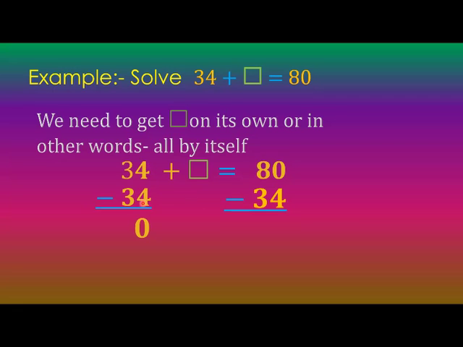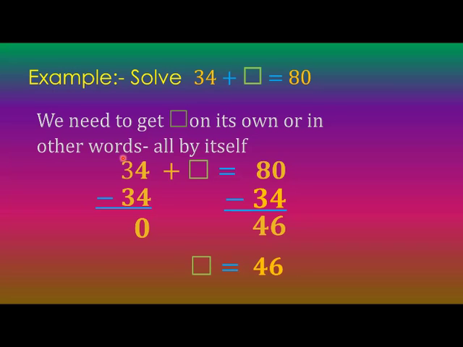So 34 take 34 is 0. This now leaves the missing number symbol on its own. 80 take 34 is 46. So the missing number symbol is 46.